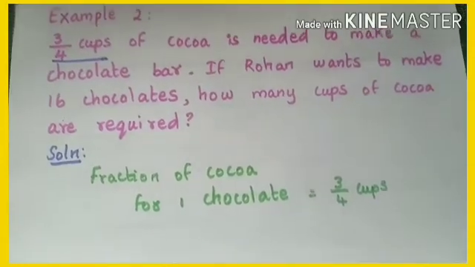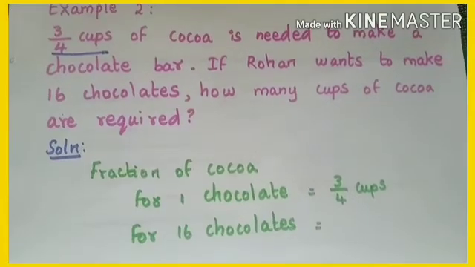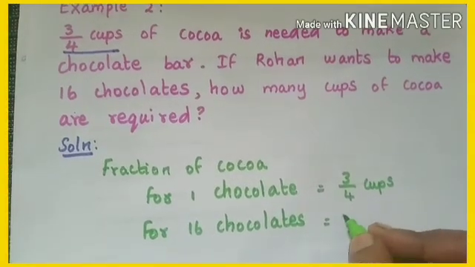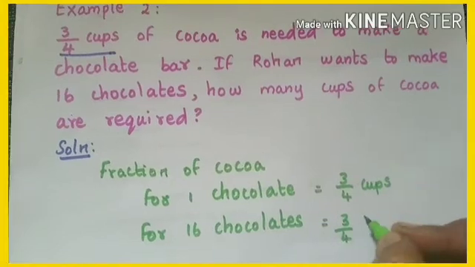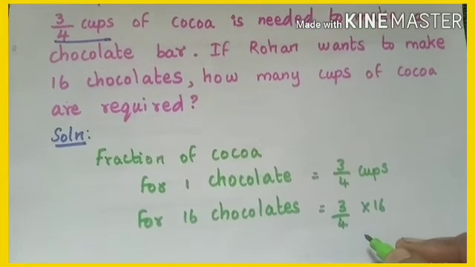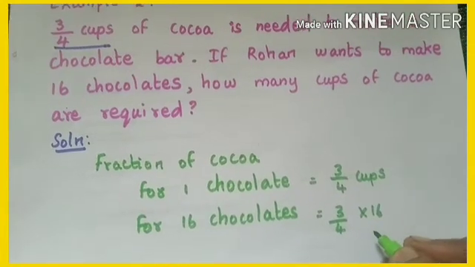Then fraction of cocoa for 16 chocolates is equal to fraction of cocoa for 1 chocolate multiplied by 16, that is 3 by 4 into 16.